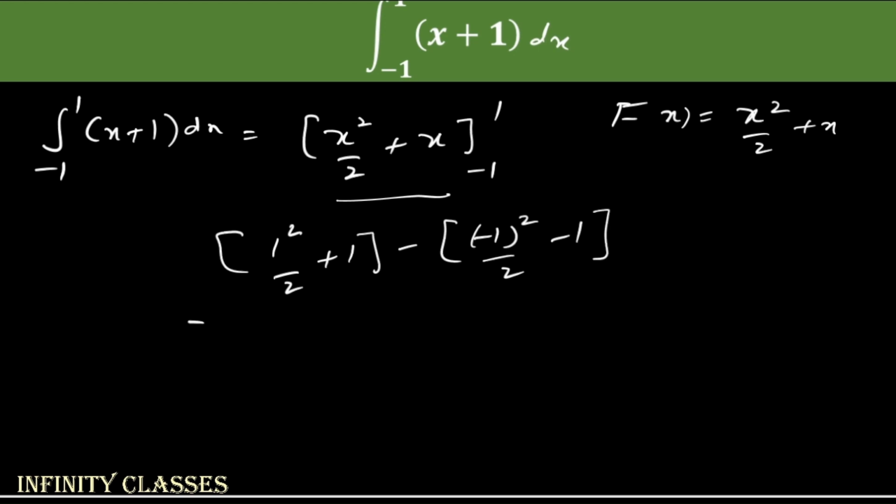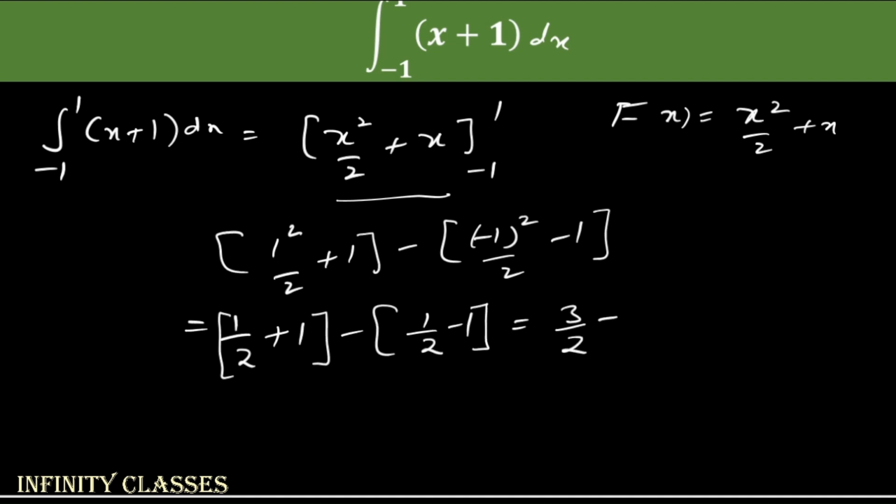So this is 1 upon 2 plus 1, minus 1 upon 2 minus 1. So this is 3 upon 2 plus 1 upon 2, so 4 upon 2, which gives us 2. So our result is 2.